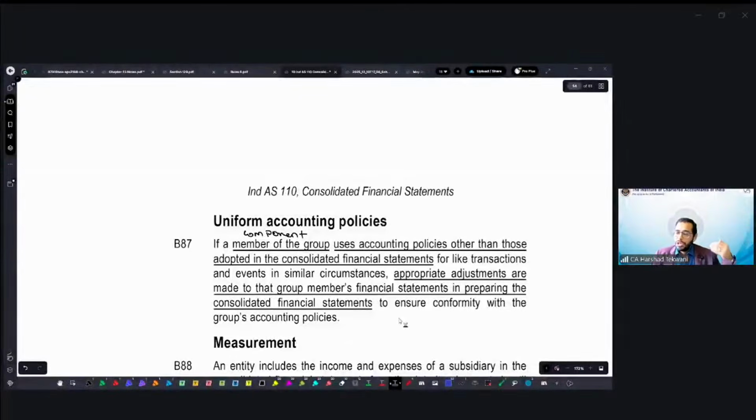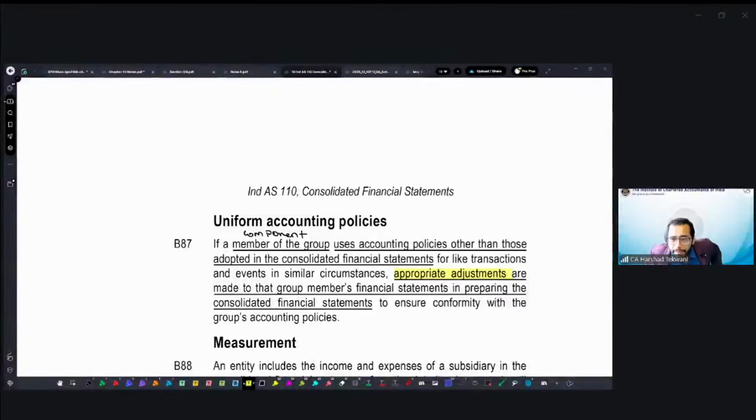That means you need to make sure these adjustments are also being done to align the accounting policies. To align them, management is required to pass adjustments, and you are required to audit those adjustments and make sure they are in line with the accounting policies being followed by the group or the parent company in this scenario.